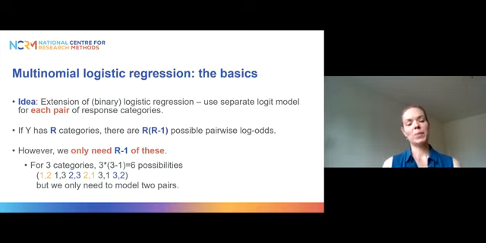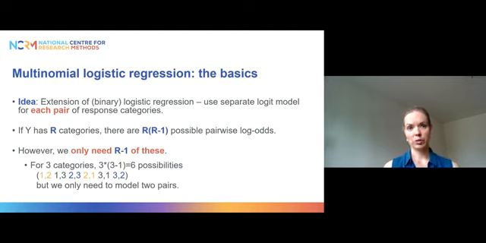The idea behind multinomial regression models is that it's basically an extension of the binary logistic regression model. And that's why I recommend that you watch those videos first before you move on to this one. So instead of just running one model, like we do in the binary logistic regression model, we model as many pairs of response categories as we need.